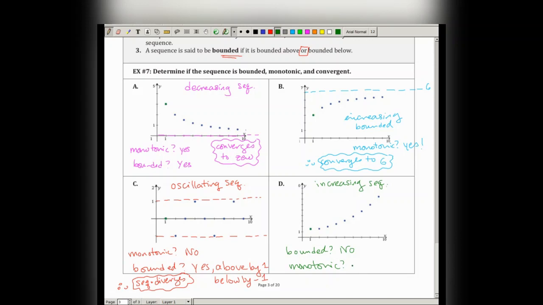It is monotonic. It's non-decreasing. So it's monotonic, but it's not bounded, so we can't use that theorem, and it actually does diverge because it keeps getting bigger and bigger without a bound. So the sequence diverges. Just think about it. If we were to take the limit as n goes to infinity of the sequence, it's just going to keep going on forever. So it diverges.